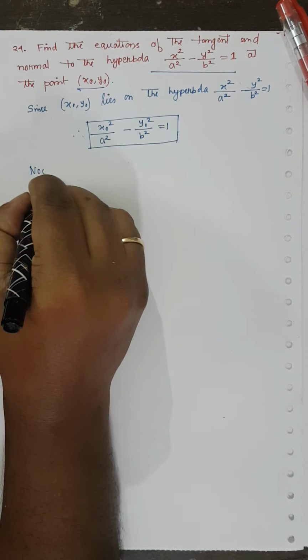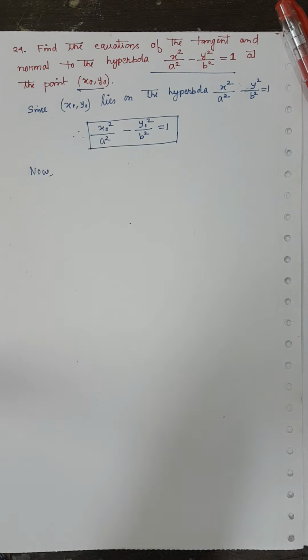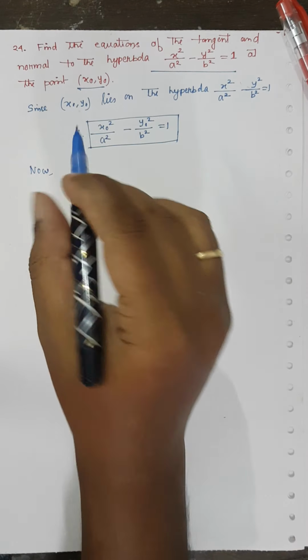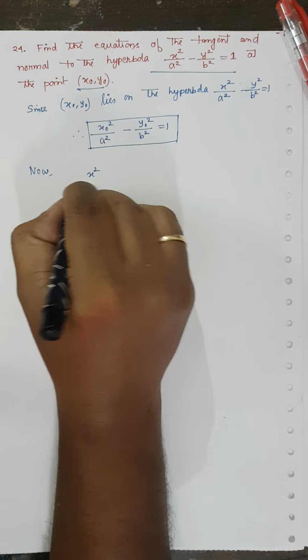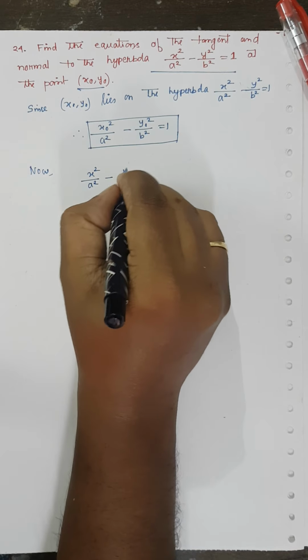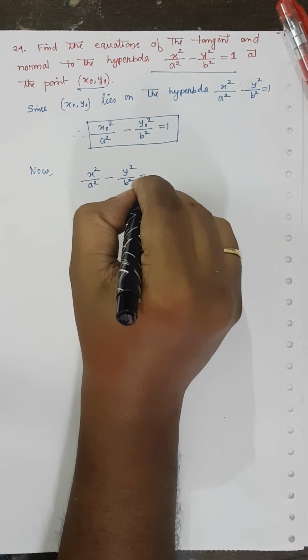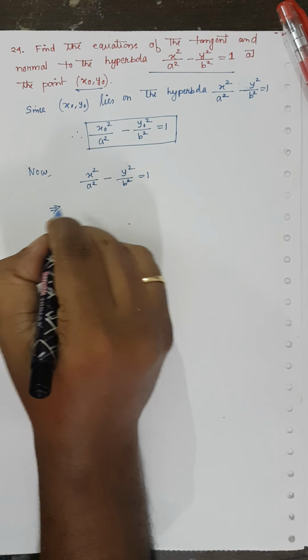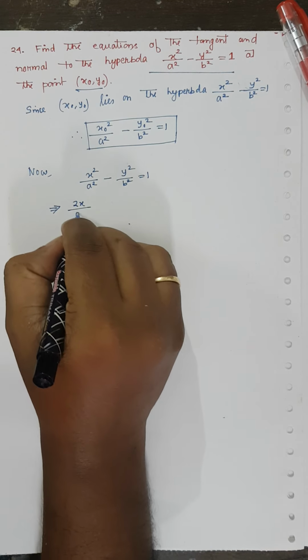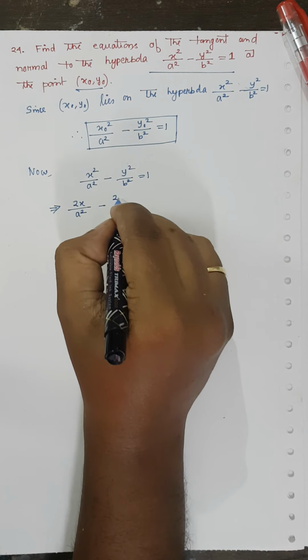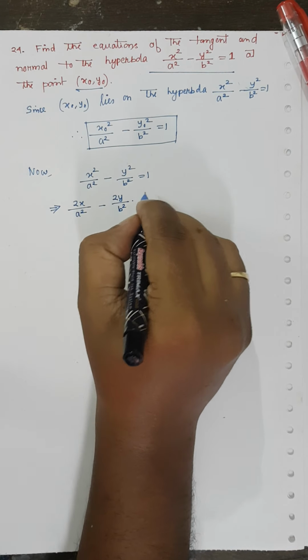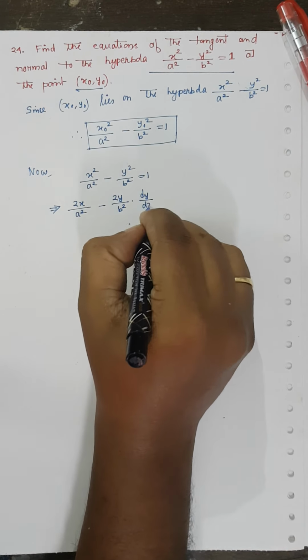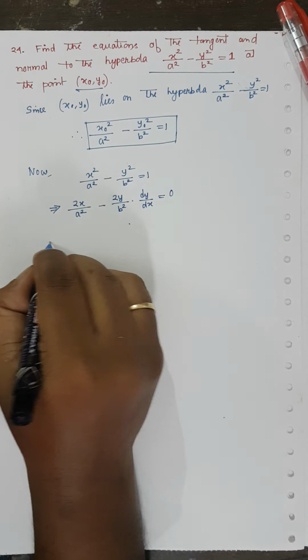Now, to find the equation of tangent and normal, we need to find their slopes at the given point, right? So for x square by a square minus y square by b square is equal to 1, if I differentiate, for x square the derivative is twice x by a square. For y square, twice y by b square into dy by dx is equal to 0.